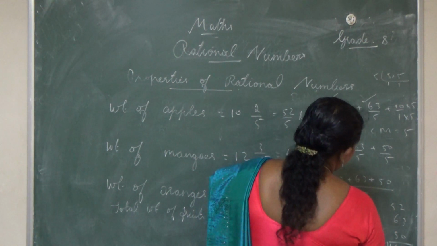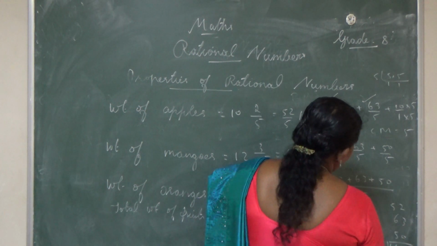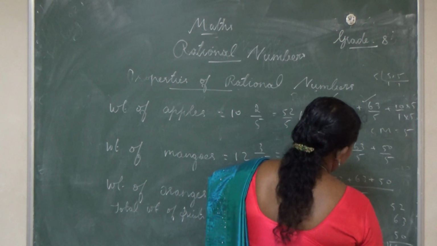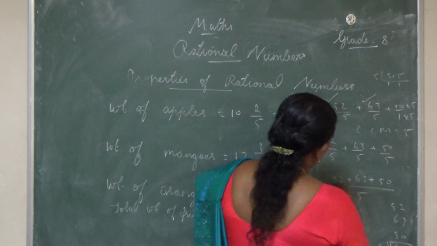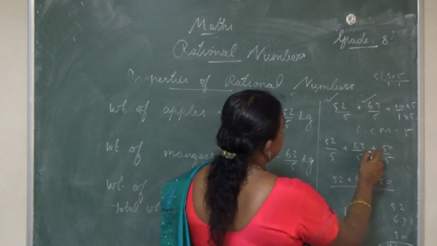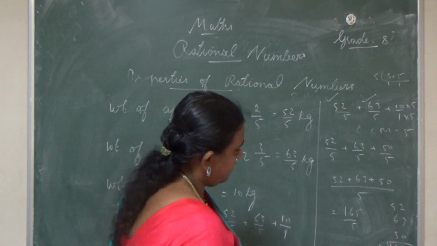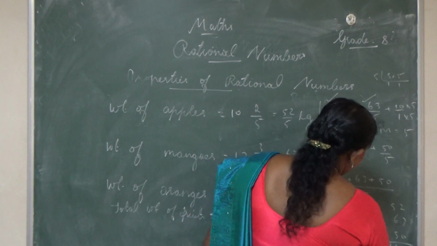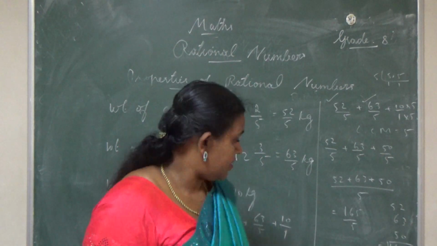5 3s are 15. Again 15. 33 kilograms. Good.